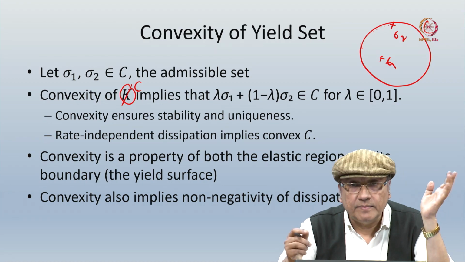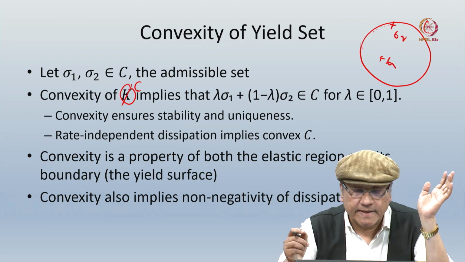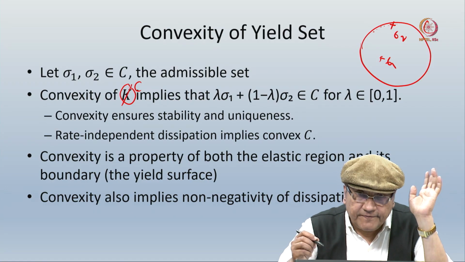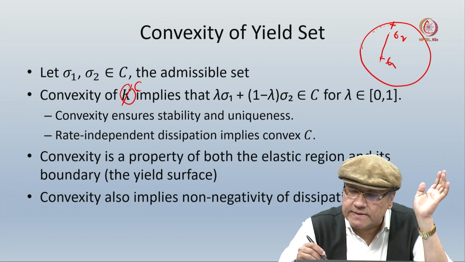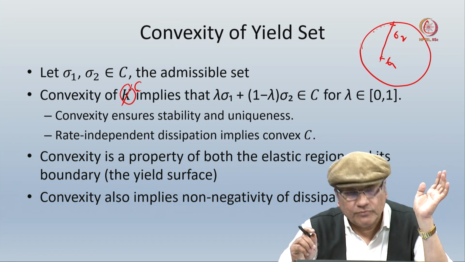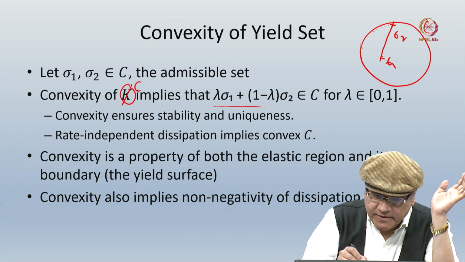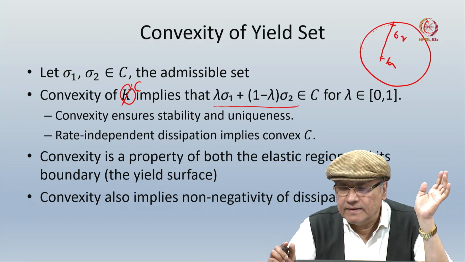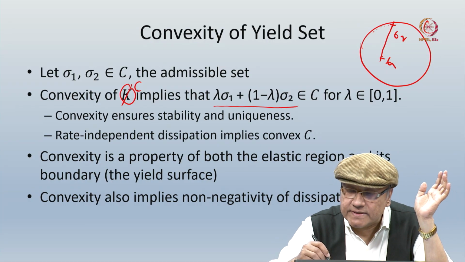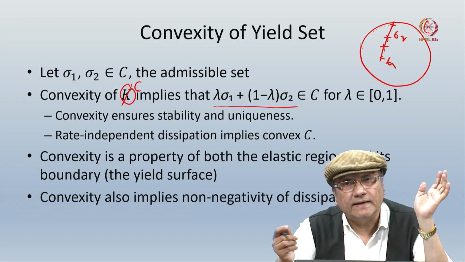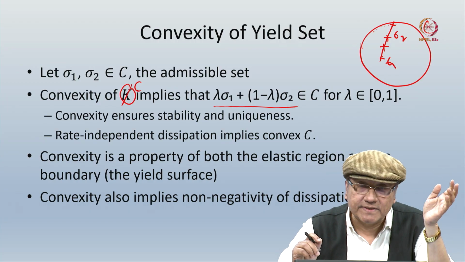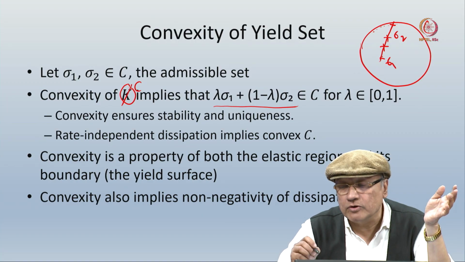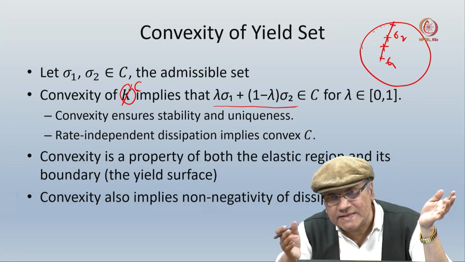So, these are the elements of the set C. Now, if it is convex, then if you join these two stresses by a straight line, to get another new stress anywhere within this straight line, like this or like that, then these stresses, the interpolated stresses, will definitely belong to C, they cannot go outside.